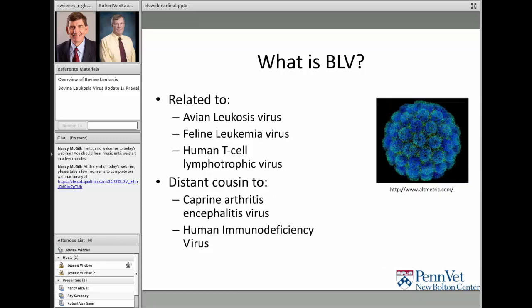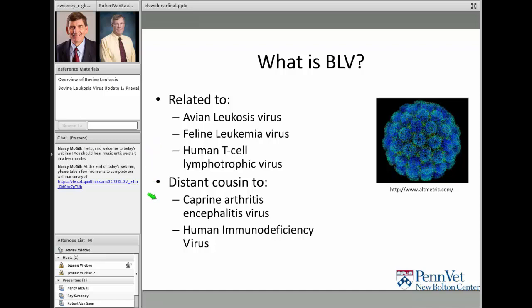So continuing on with what is BLV, I mentioned it's a retrovirus, which means it's in a family of viruses that cause cancer in a variety of species. There's the avian leukosis virus, which can cause cancer in chickens and other birds. There's the feline leukemia virus, which if you're a cat owner, you may have even vaccinated for. There's also a closely related human virus called the human T-cell lymphotropic virus, which causes leukemia in people.